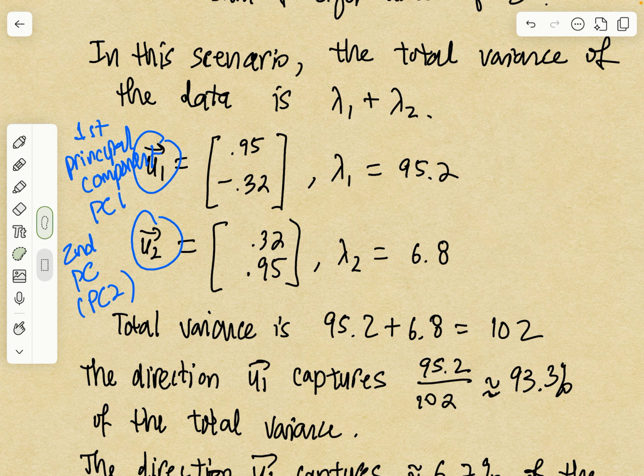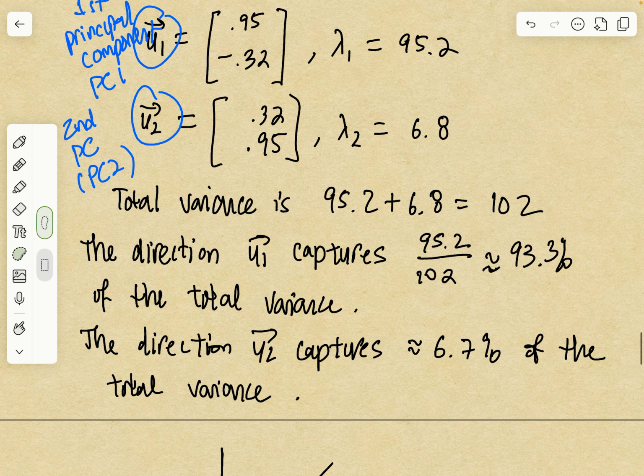The variance explained by the first principal component u1 is lambda 1, the largest eigenvalue. In this case, you only have two principal components. The second principal component tells you the least amount of variance, captured by the vector u2. It's orthogonal to u1.